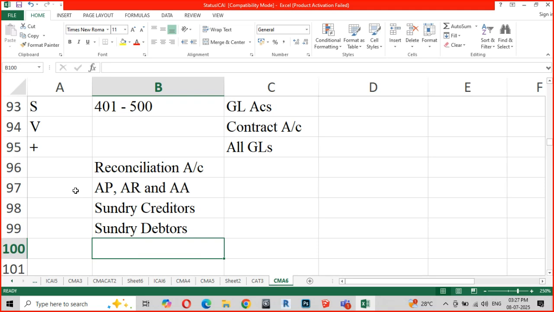So how is it reflected in my financial position, in my balance sheet? Through the sundry creditors or through your sundry debtors. So what are sundry creditors and sundry debtors? It is the balances of all your vendors and all your customers.